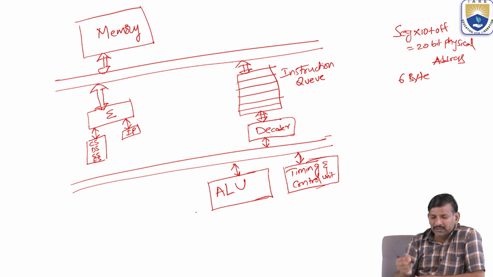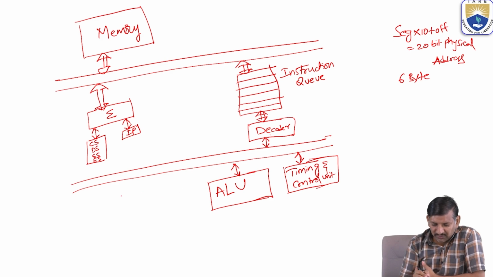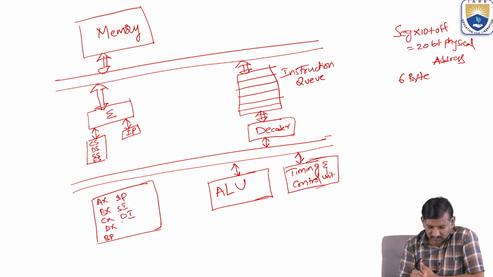Now, while doing the operations, it requires information. I require operand 1 and 2. That is taken from the corresponding registers: AX, BX, CX, DX, base pointer, stack pointer, source index, destination index.